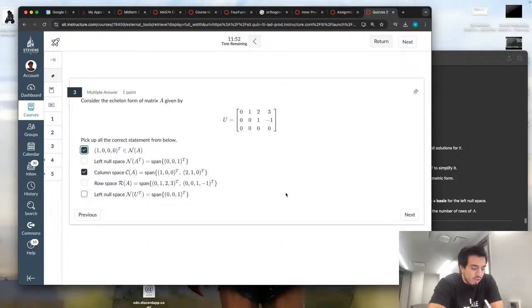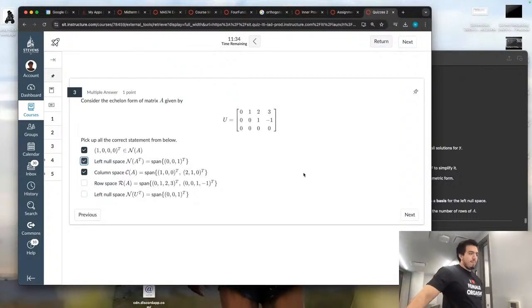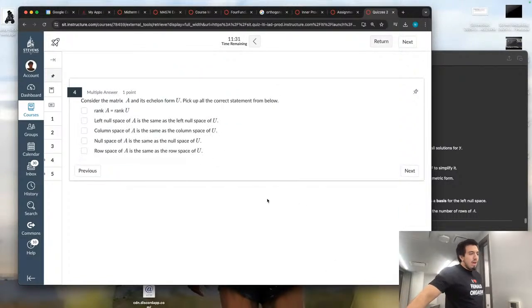So literally, the number of rows, which is 3, minus the rank. Probably. I just don't know why.